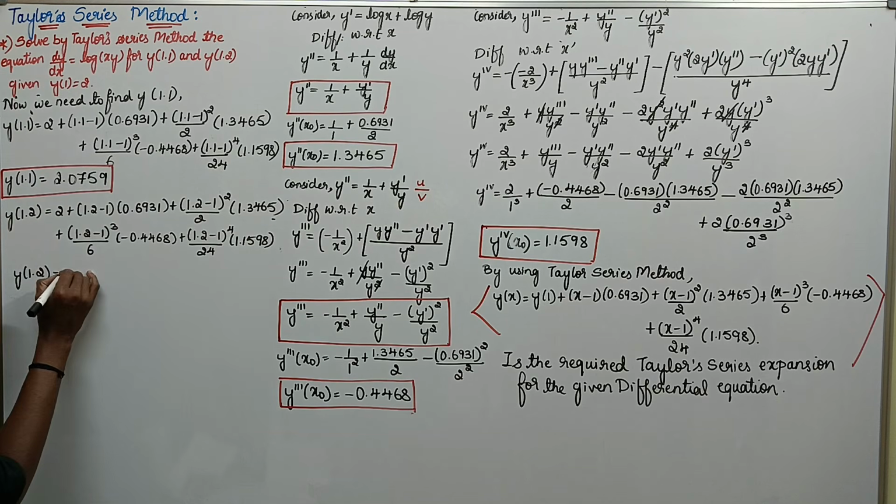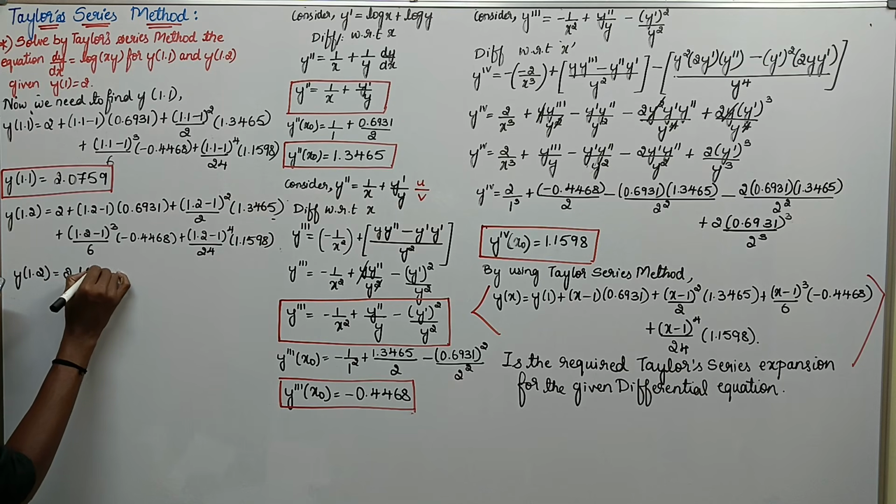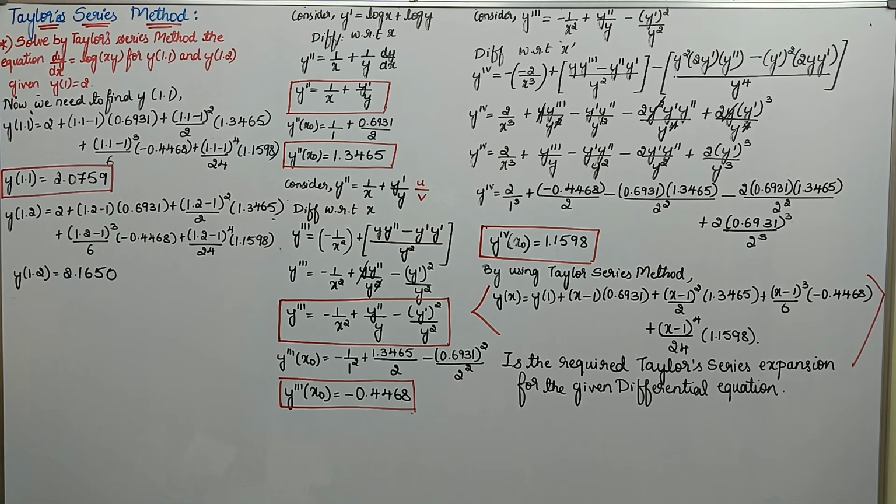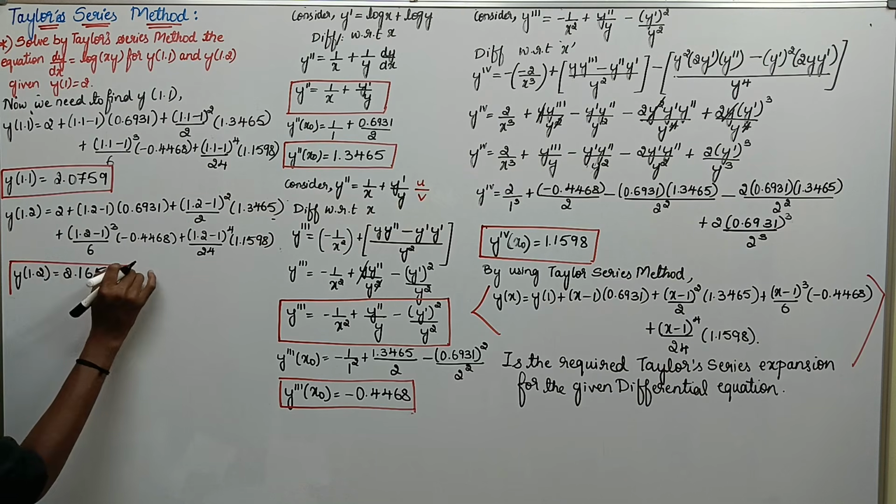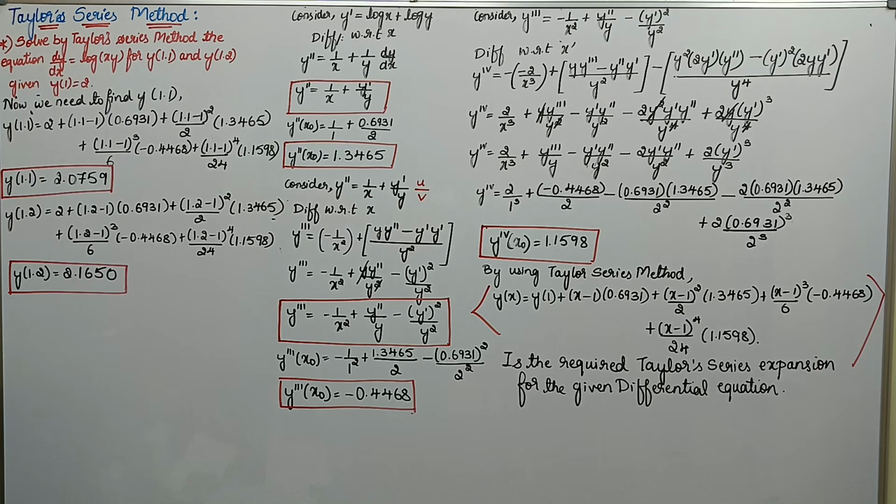You get 2.1650. This is the value of y of 1.2, which was the required solution to simplify the Taylor series expansion.